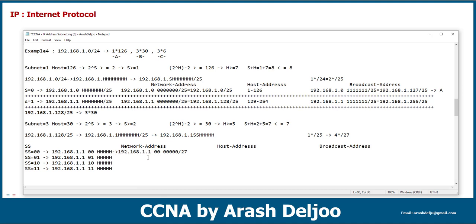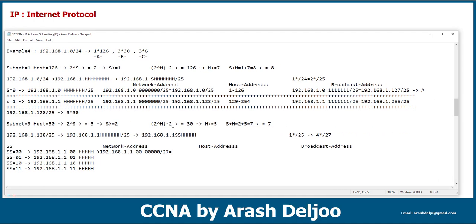After that, if you want, you can write this address in decimal. Let me write in decimal. 192.168.1, look here, 128/27.